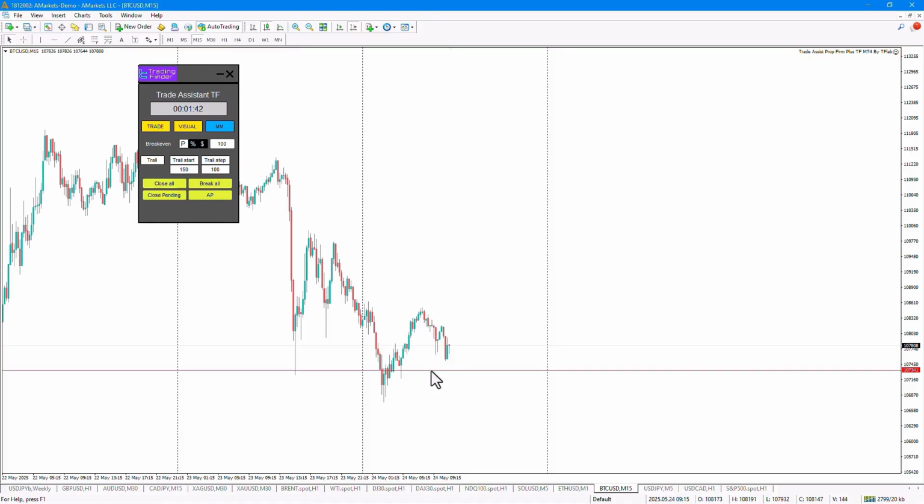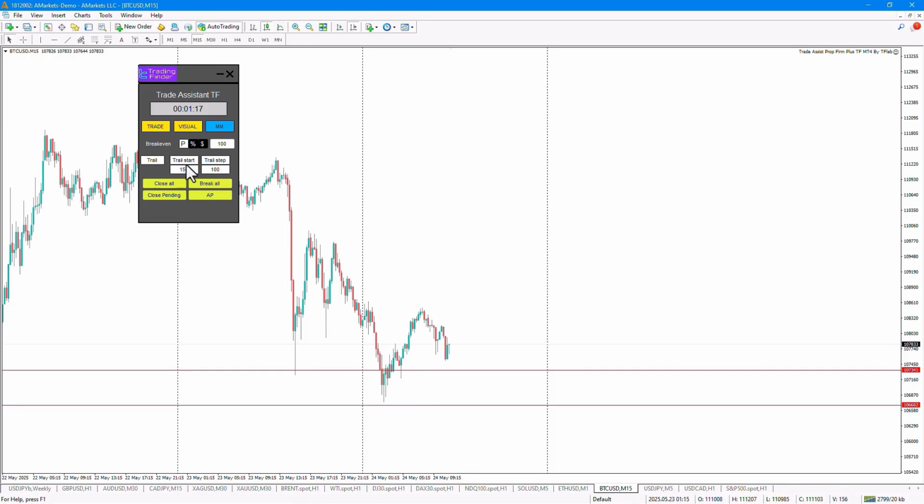if my entry point is at this section and the price moves into the profit zone by 150 points, the trailing stop mode will be activated for me, and if my stop loss is set at this point, it will be placed at a distance of 100 points from the trailing start value.